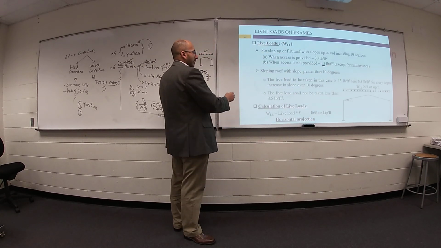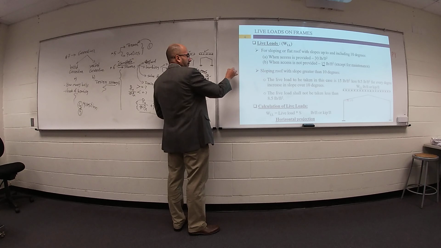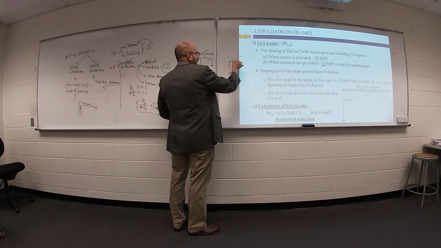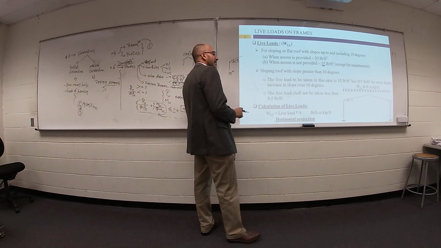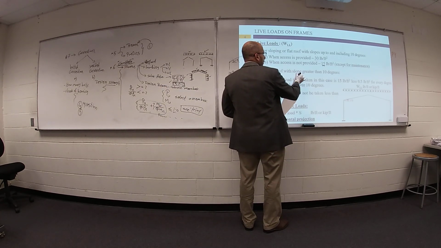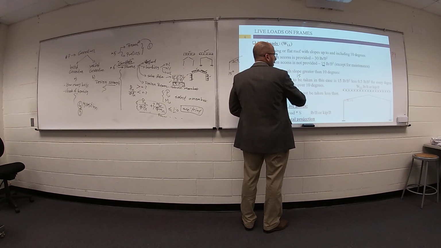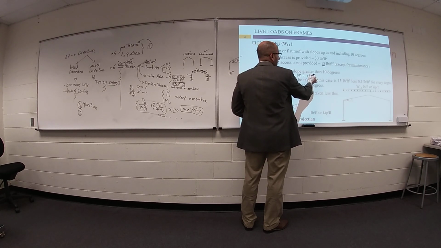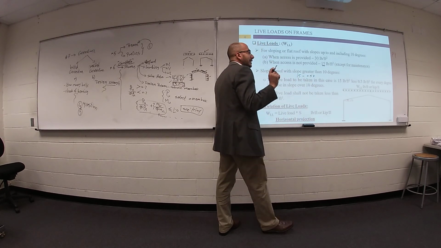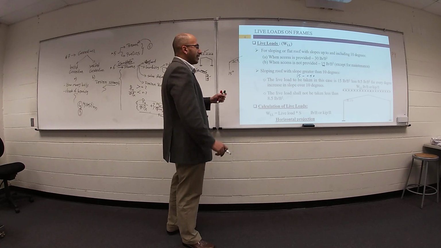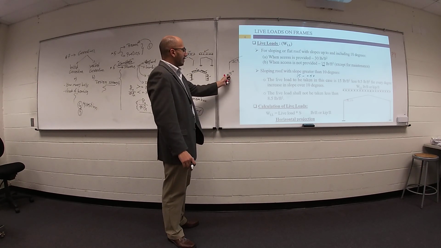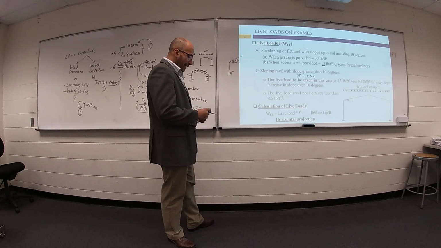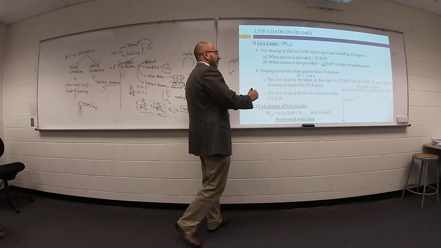If your inclined angle is maybe 15 degree, what should I do? Go ahead and use this value, 15 minus 0.5 times each degree greater than 10 degree. How many degree over than 10 degree? 5.